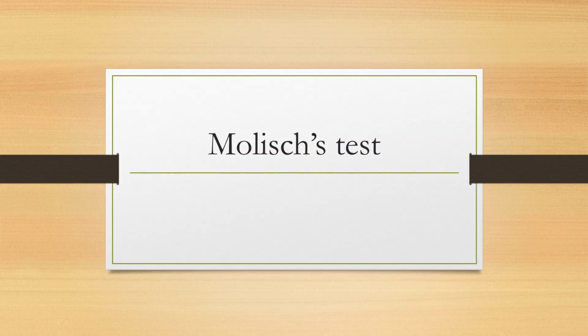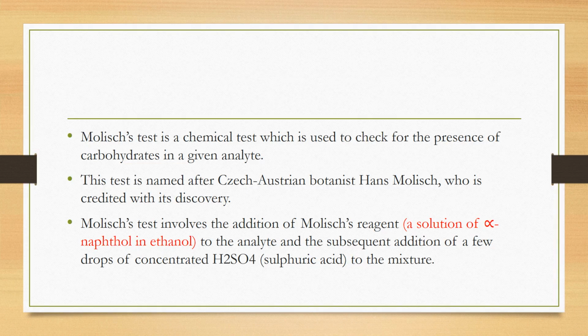Another test for detecting carbohydrate is the Molisch test. This test is used to detect the presence of carbohydrates in samples, to know if these samples contain carbohydrates or not.